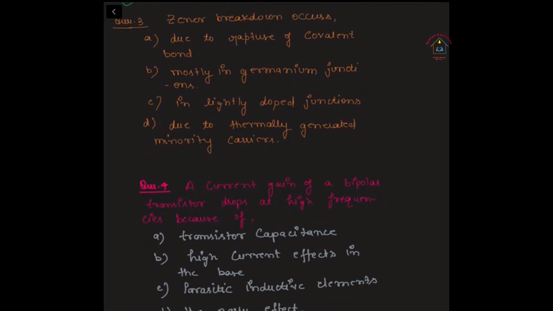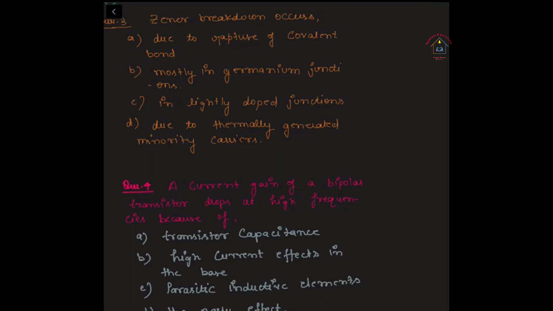Okay, now the third question is, Zener breakdown occurs. We have to go through all of the options one by one. First we will see the C option, in lightly doped junction.